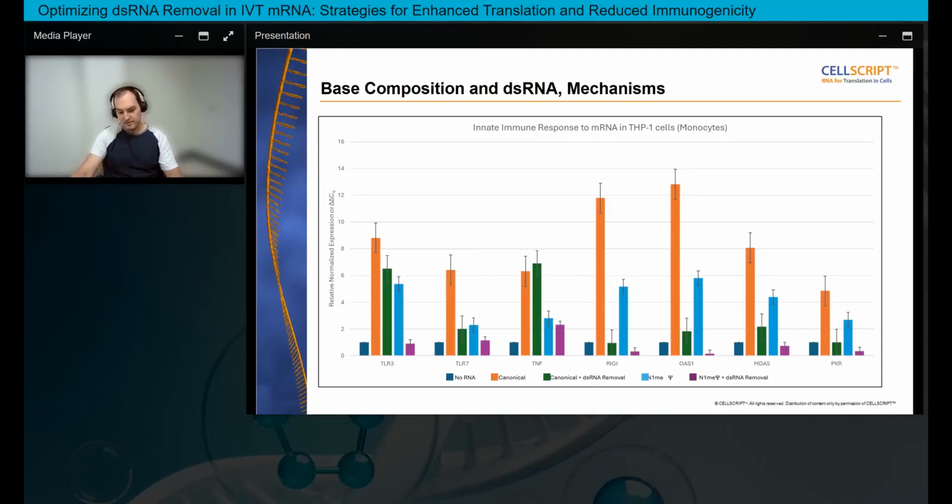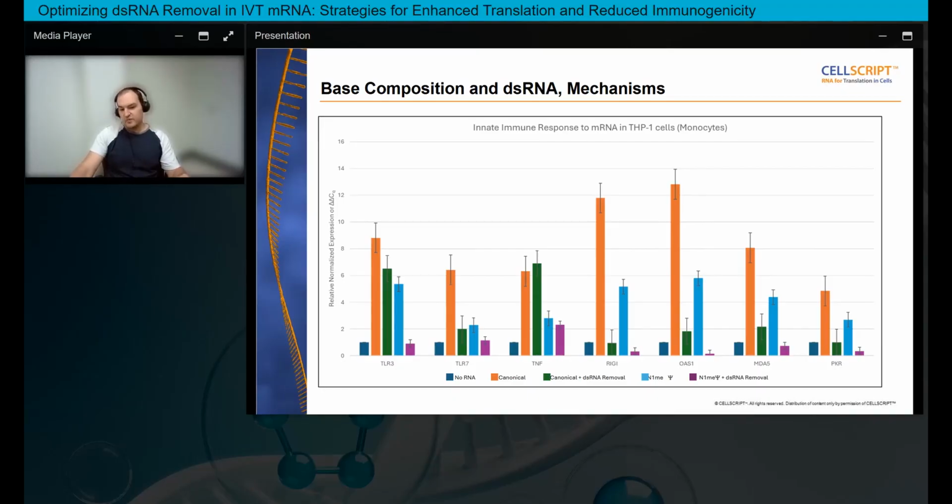And to that effect, we measured 7 different gene expression levels for immune sensor genes using RT-qPCR, using targets for toll-like receptors, tumor necrosis factor, retinoic acid inducible gene, oligoadenylate synthetase 1, melanoma differentiation associated gene, and protein kinase R. These are some of the heavy hitter gene immunostimulation sensors, and if they look good or they look bad, it's a very good indicator of whether your RNA is good or bad.